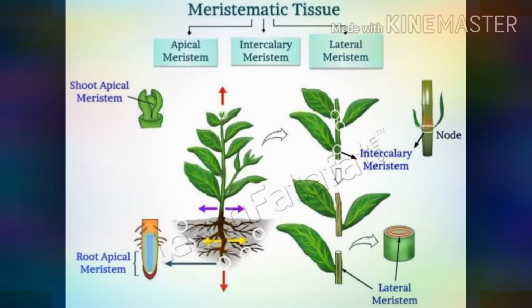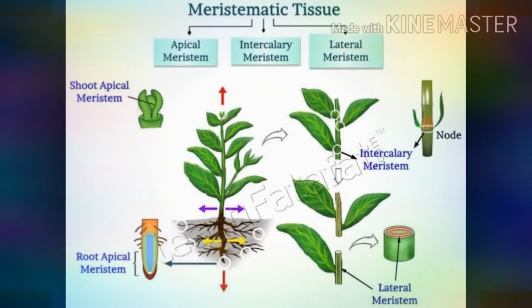The first point, which is a very important point, is that the meristematic tissues have the capacity to divide continuously and help the plants to grow. This is the primary and essential work of meristematic tissues. The next point is that the meristematic cells are rich in nutrients because they are responsible for the growth of a plant.